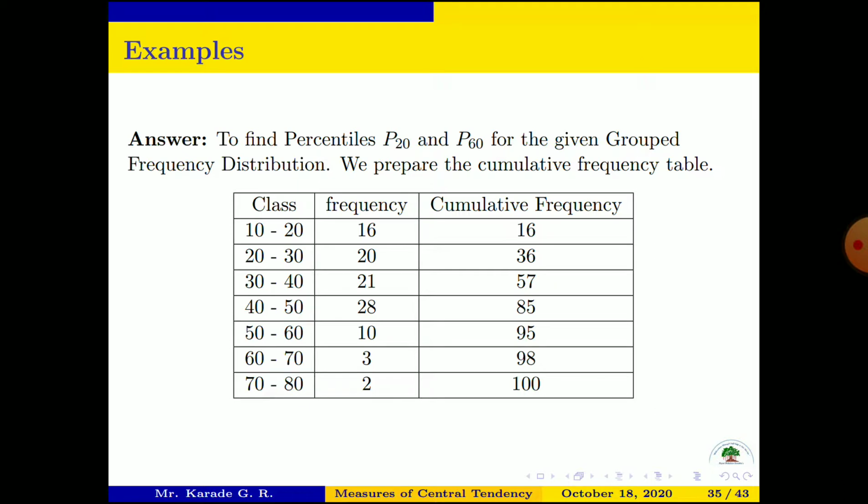This 100 is nothing but the addition of all the frequencies. Therefore capital N, the total number of observations, is 100. So the value of n is equal to 100.